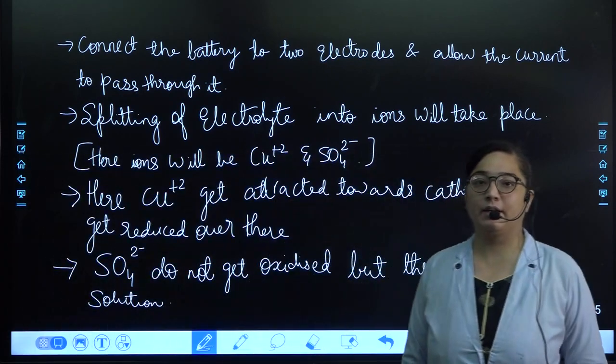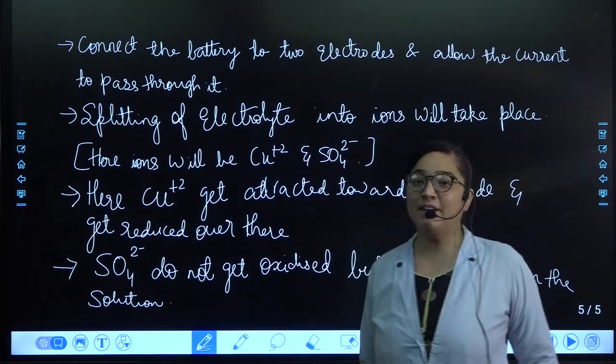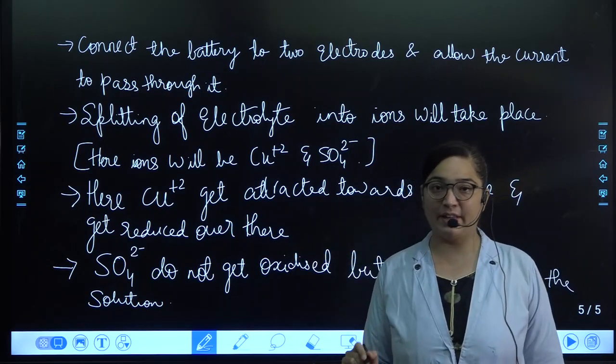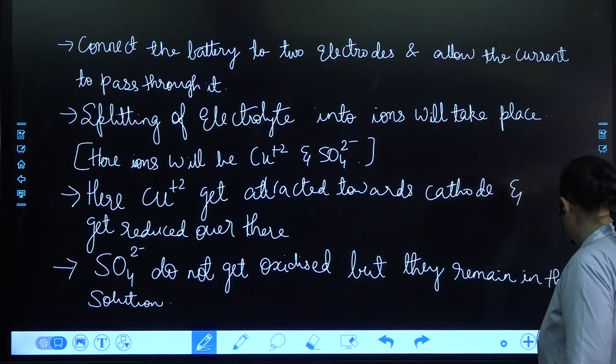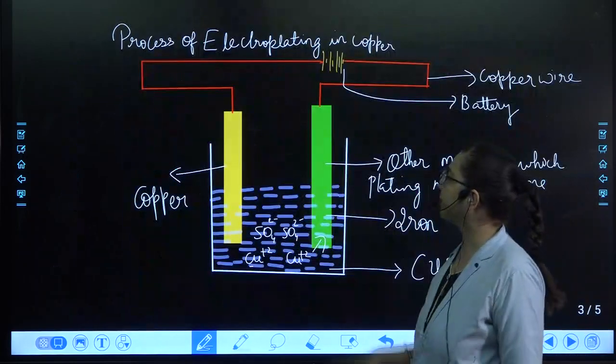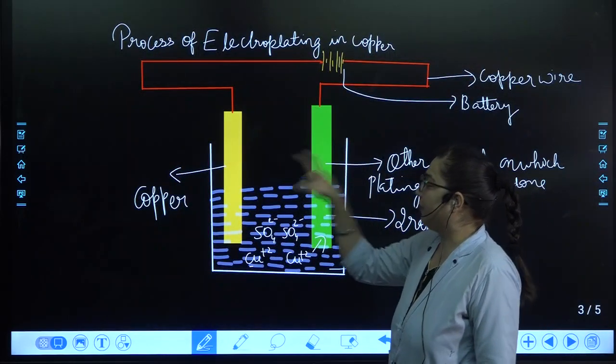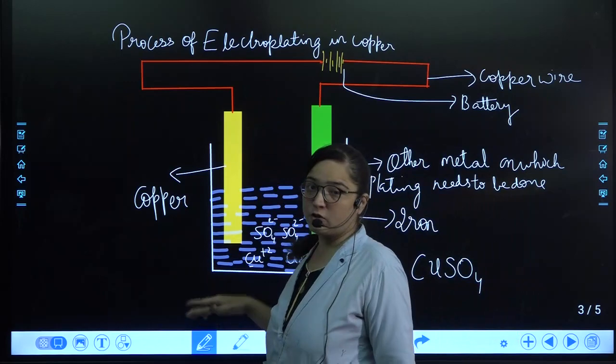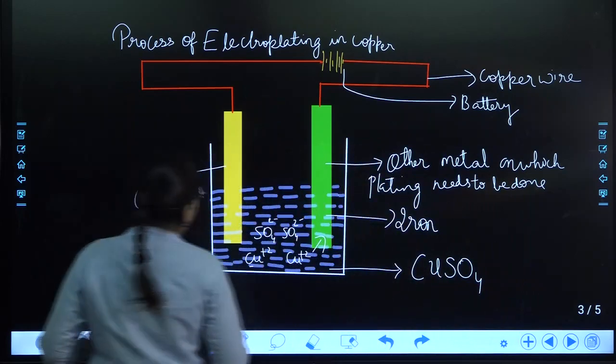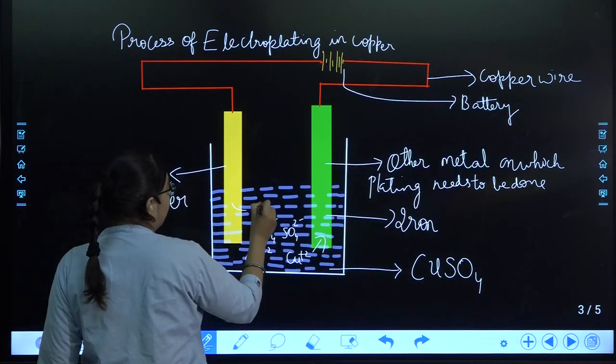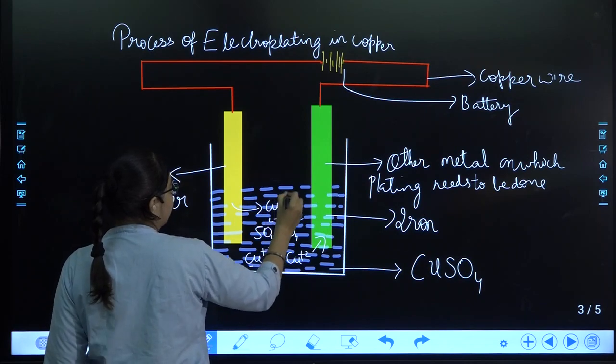Now what will happen? At the terminal which is connected with the anode, copper will get oxidized. From this anode also, copper will get converted into Cu2+ ions.